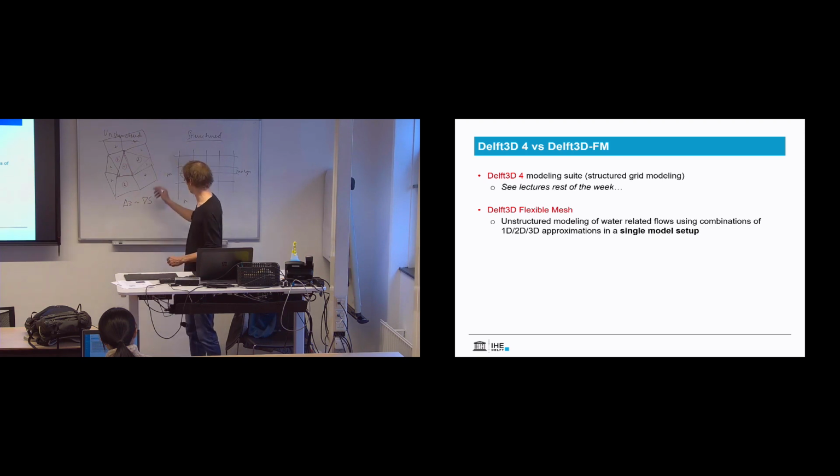So what that means is that if you have a bottom change here, then that is related to all the sediment fluxes coming over the sides of the cell. Right? So if you have an instability here, that is related to one of these transports being crazy. And that automatically almost means that these cells will also be unstable, and that will spread out very fast.